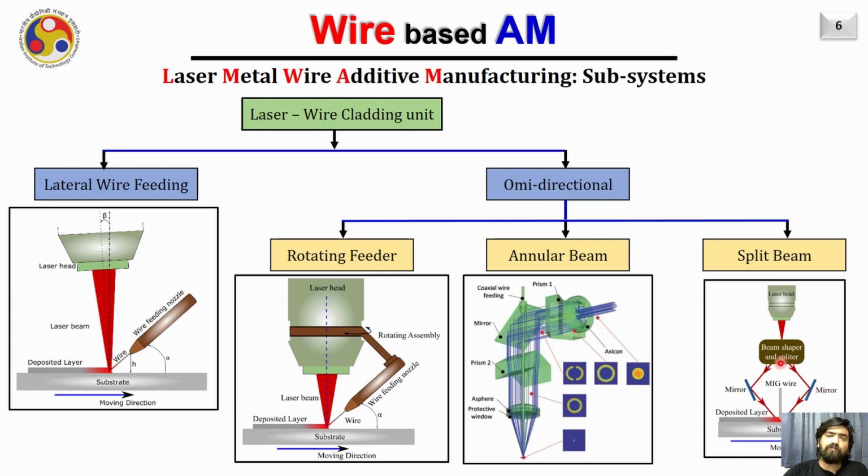When the laser beam is split, a space is created right in between, and in that space one can feed the wire, as you are seeing here in this diagram. The benefit here is that the wire is at the center and completely surrounded by the laser beams. Therefore, the process becomes omnidirectional and you can move in any direction.